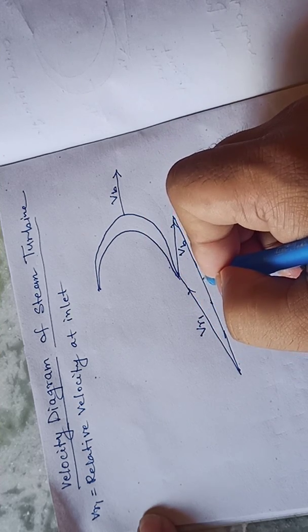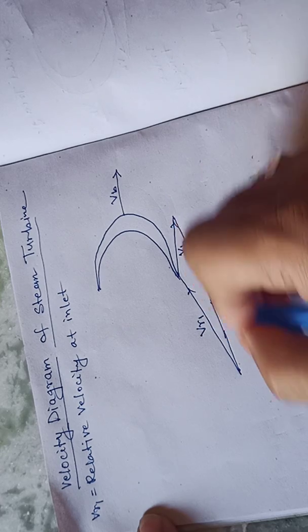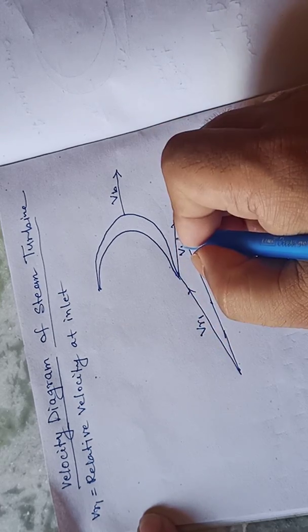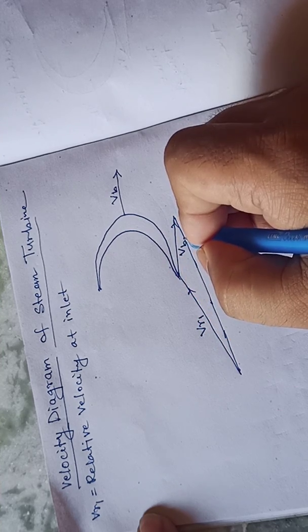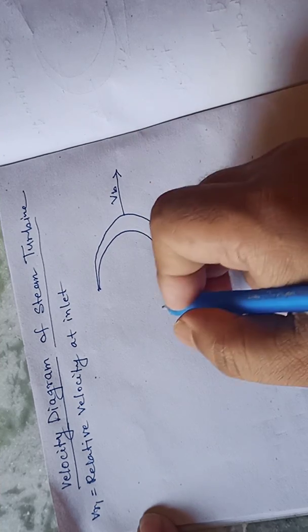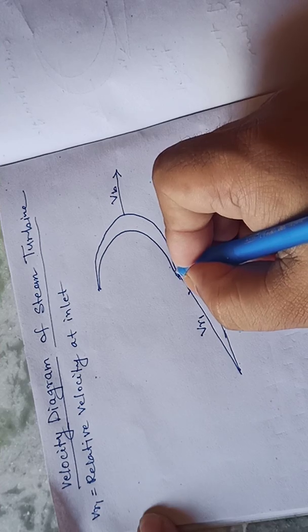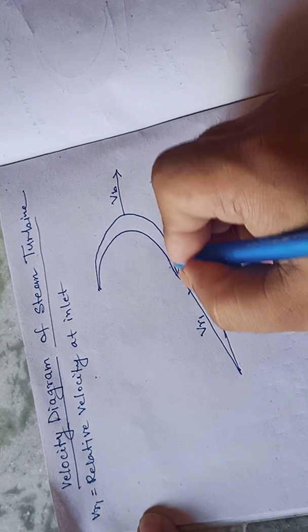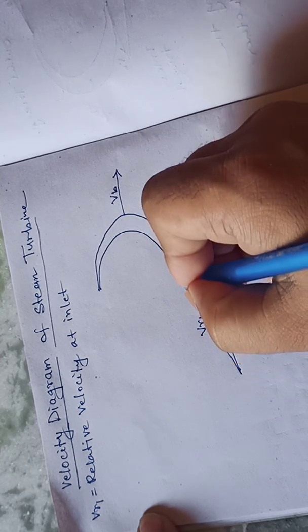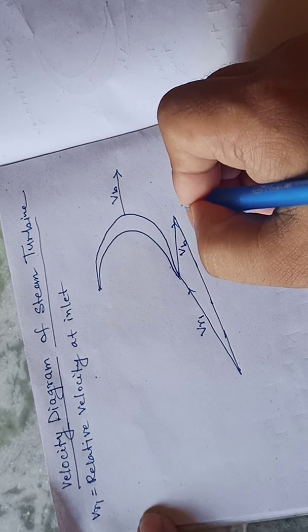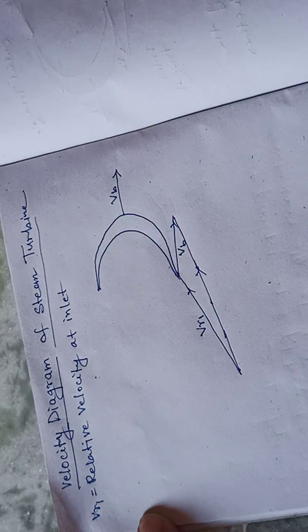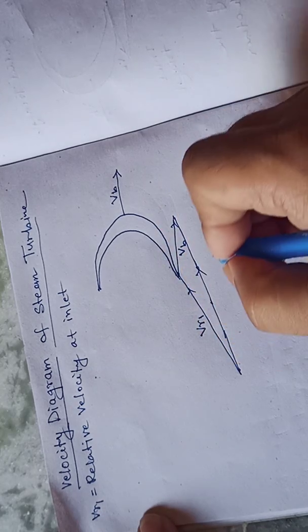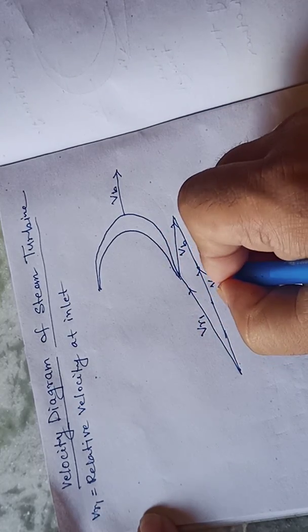So if it is the resultant of these two velocities, then this resultant velocity direction will be the opposite, because the direction is continuously showing upward and rightward, but this direction will be the opposite. This velocity is called V1.